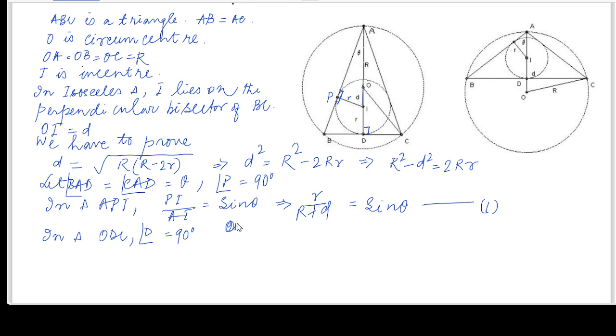OD over OC equals cos DOC, and since this angle is theta and here also theta, DOC equals twice theta, so it is cos 2 theta. OD equals r plus d, and OC is equal to capital R, so r plus d over R equals cos 2 theta. This is equation 2.